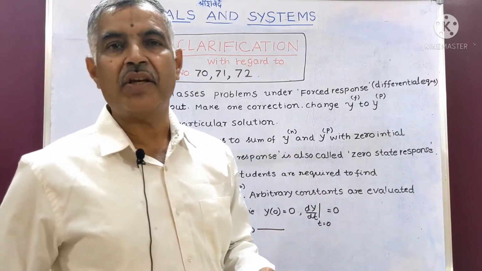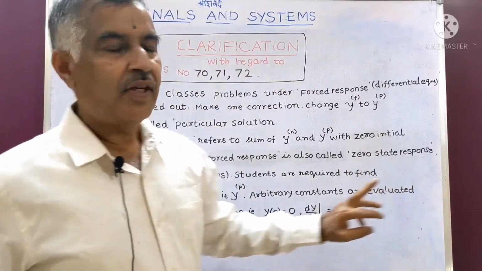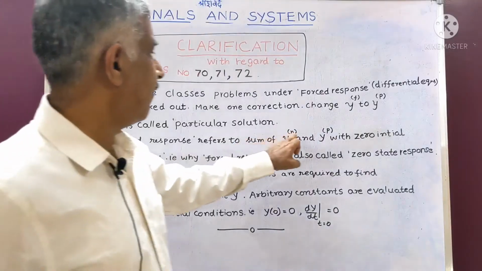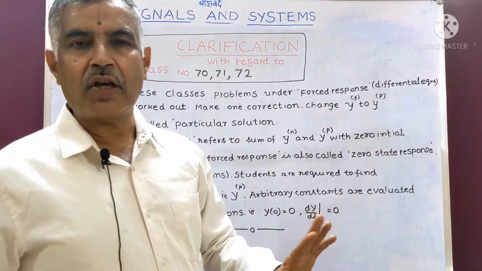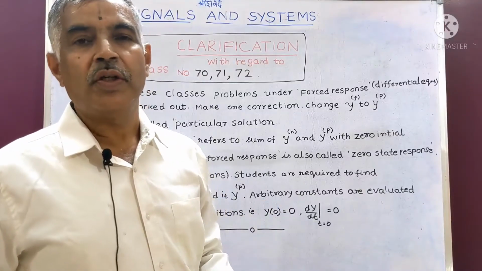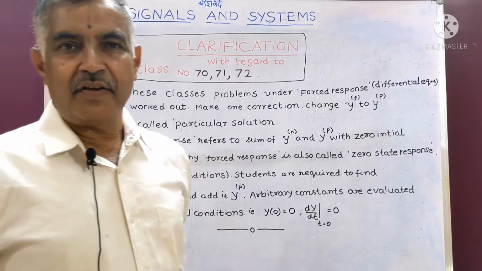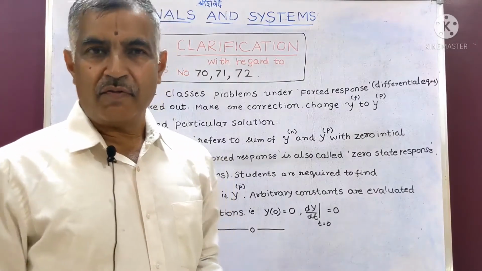Yp stands for the particular solution. So to write the forced response, add Yn with Yp. I have not worked out Yn in these problems, so you separately find Yn and add it to Yp.